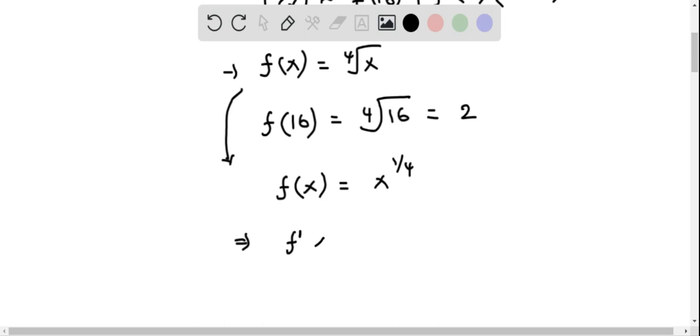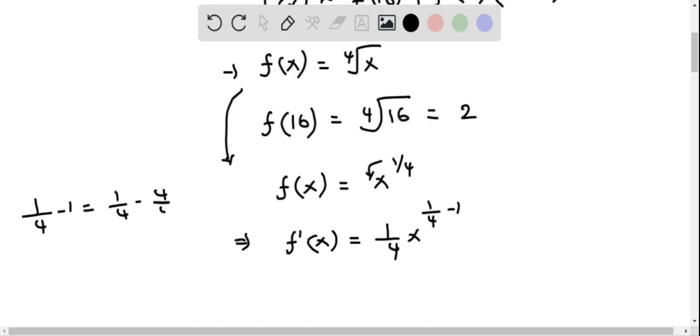When we use the power rule, the power comes in front and we raise x to the power of 1/4 minus 1. Remember that 1/4 minus 1 can be simplified as 1/4 minus 4/4, which is negative 3/4. So this is simplified to 1/4 x raised to the power of negative 3/4.